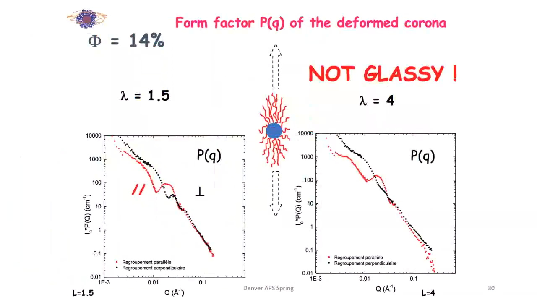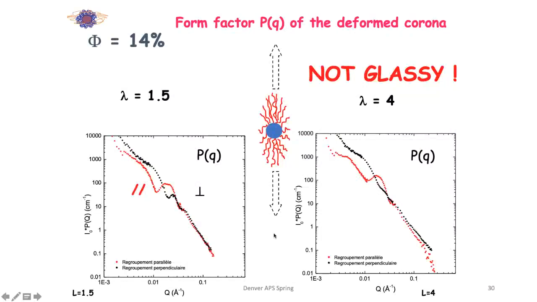You have in log-log plot on the right, and on the left, the form factor of the deformed corona for different elongation ratios. And what you see is that this form factor is strongly deformed.